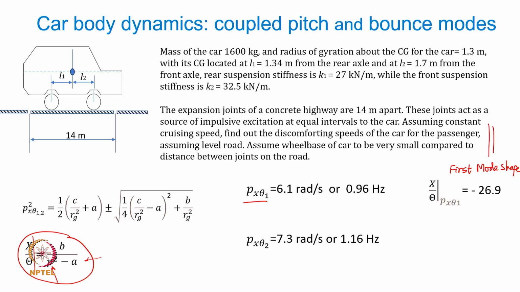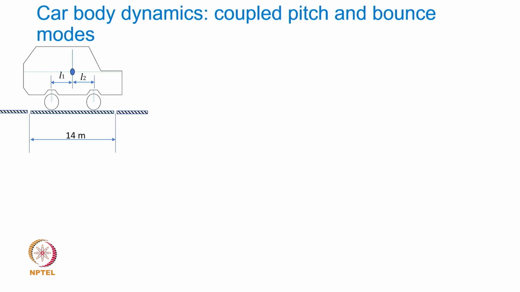And similarly in this expression, if you substitute for p_xθ2, you would get the next mode shape, and that is basically the second mode shape. Okay, and that is given as 0.75. Let's look at what these numbers mean in terms of the way the car body vibrates.